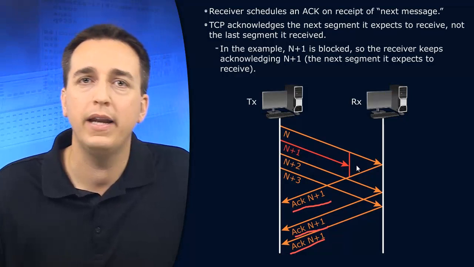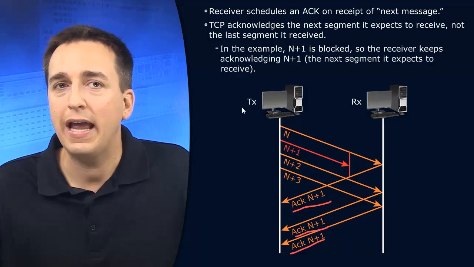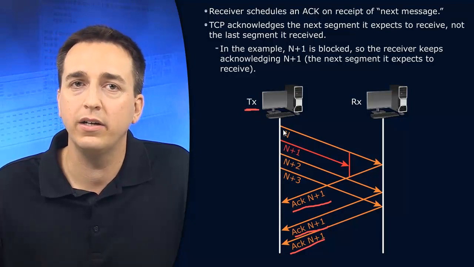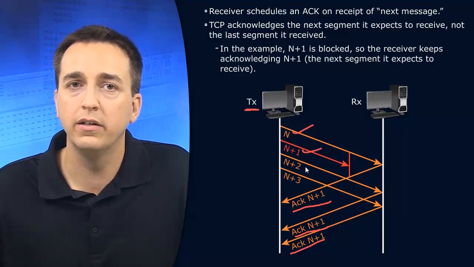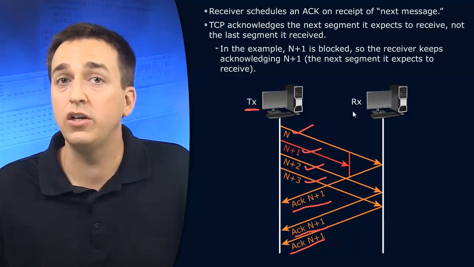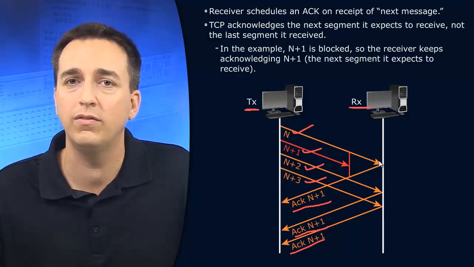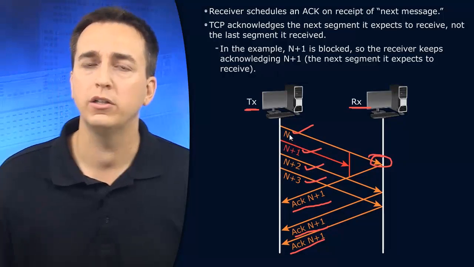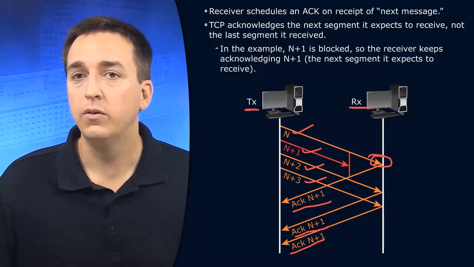So what's going to happen now? Well, the transmitter is also going to have to make some adjustments because it sent a large amount of information here. It sent all of these. But in reality, based on the acknowledgement, the receiver's saying, hey, I only received this one right here. So the transmitter is going to have to back off. What does that mean?